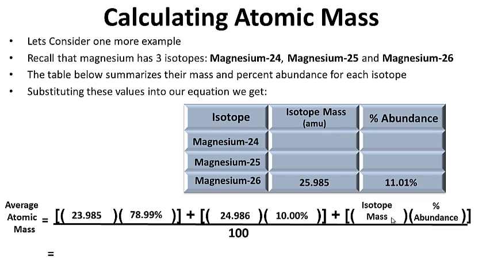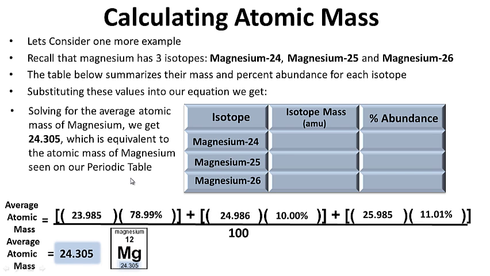Then the magnesium-26 isotope has a mass of 25.985, and its percent abundance is 11.01. Solving for the average atomic mass of magnesium, we get 24.305, which is equivalent to the average atomic mass of magnesium seen on our periodic table.